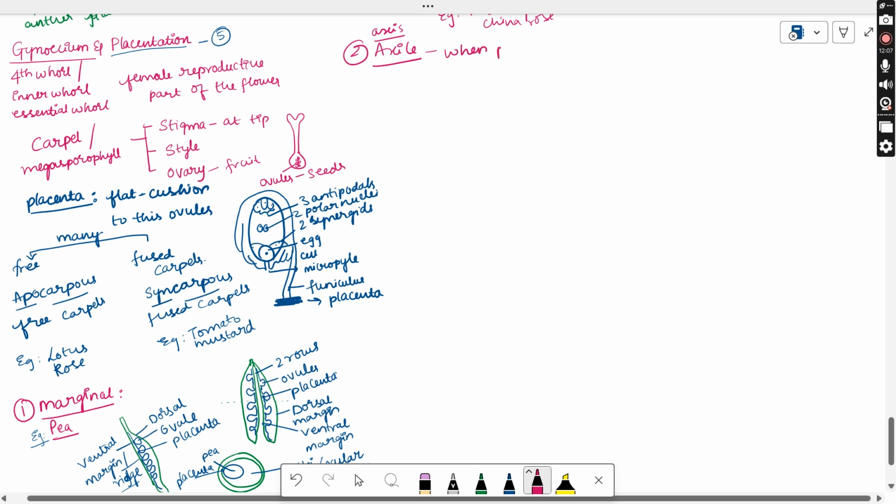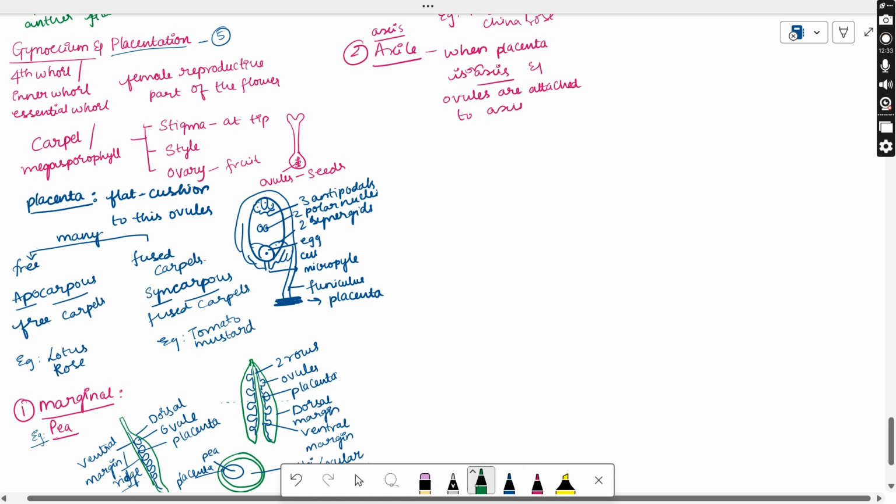Placenta is a structure to which ovules are attached. So this placenta is exactly on the axis, and all the ovules are attached on the axis.